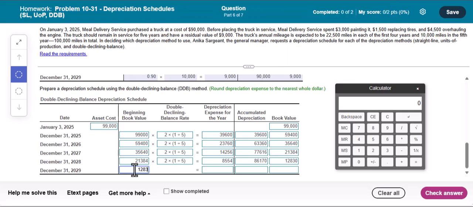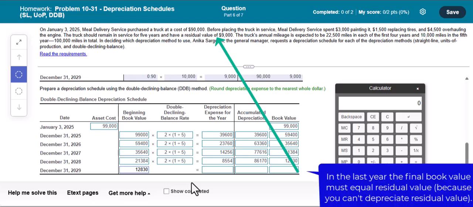And there is no value here for the double declining balance rate. You might be wondering why we don't have anything there. Well, first of all, the reason is because in the last year, the book value has to be the residual value. So we're not going to multiply anything over here because that amount would then depreciate the asset more than the $9,000 residual value.